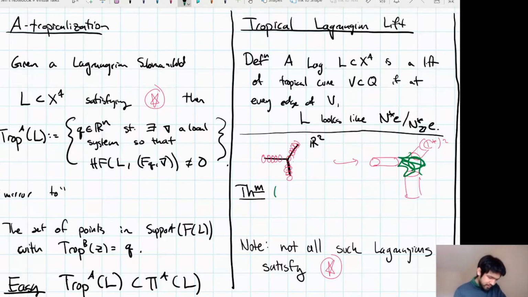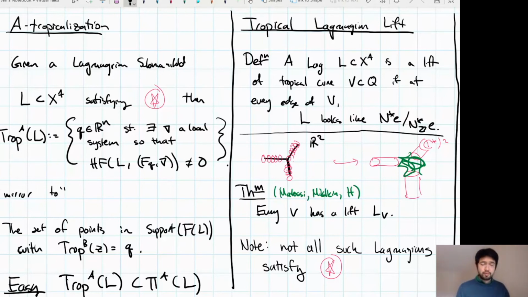A theorem, which was discovered at the same time by many different people, Diego Matessi and Mikhalkin, and myself, and it was probably known to symplectic geometers before this was worked out, was: every V has a lift, LV. So if you start with any tropical curve, you can build this Lagrangian submanifold. Essentially, the reason you can do this is because Lagrangians are so flexible.